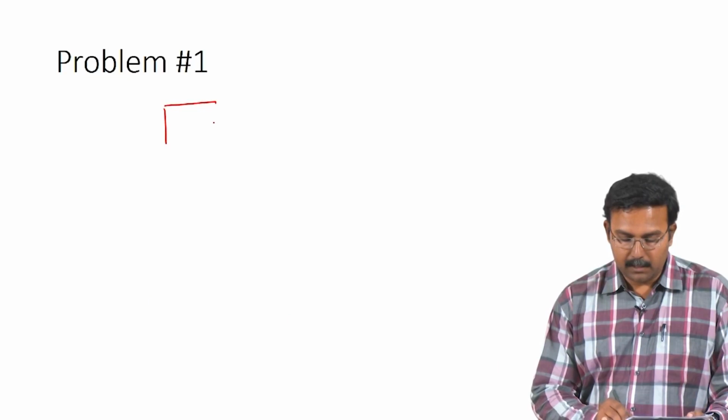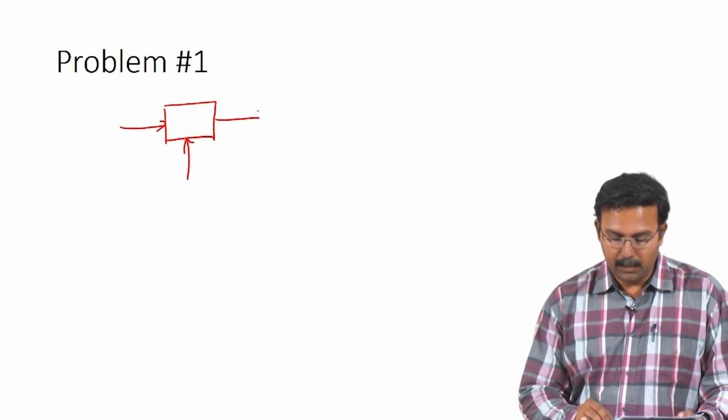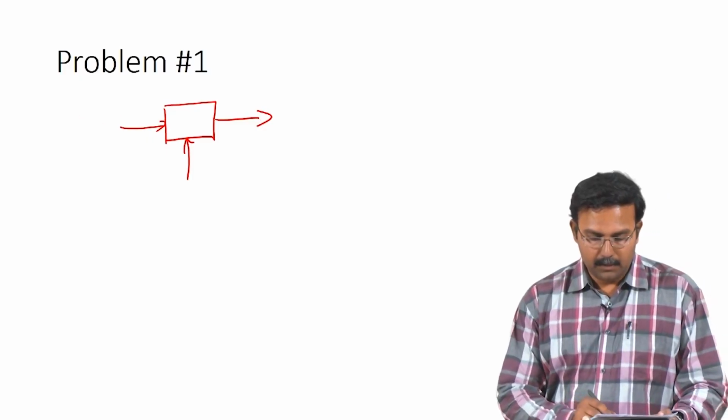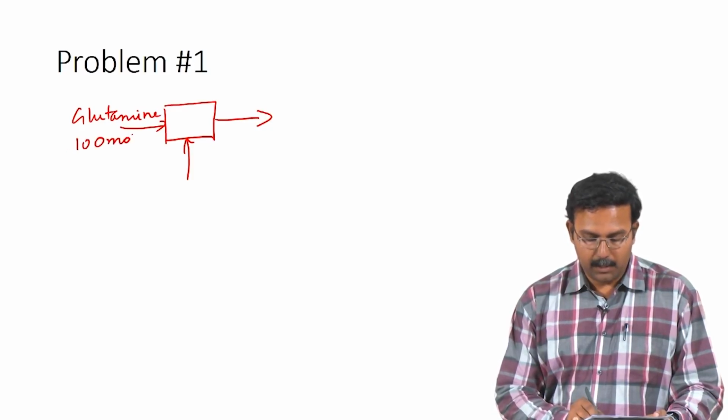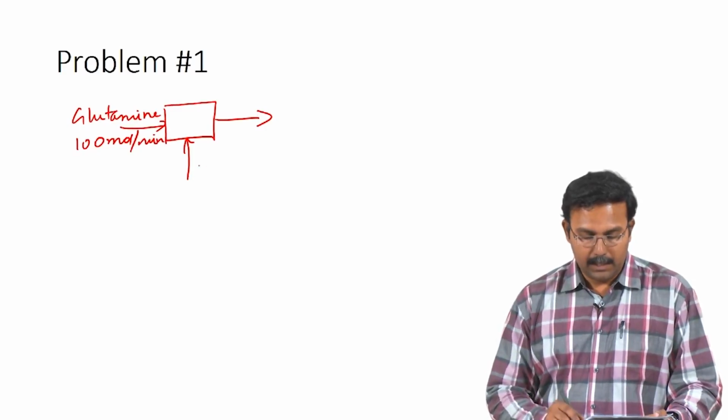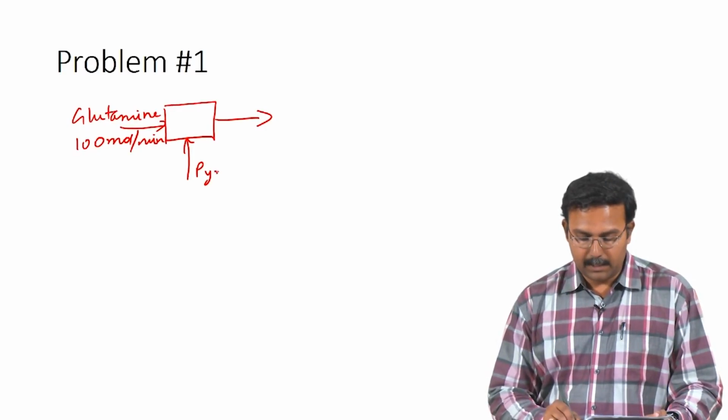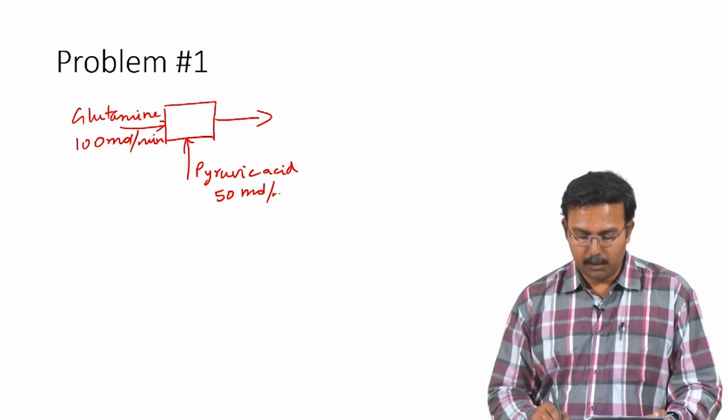Based on the information we can draw this simple flow chart where we have two inlets and one outlet. The first inlet would be for glutamine and this would have a flow rate of 100 moles per minute, and the other inlet is pyruvic acid which flows at 50 moles per minute.